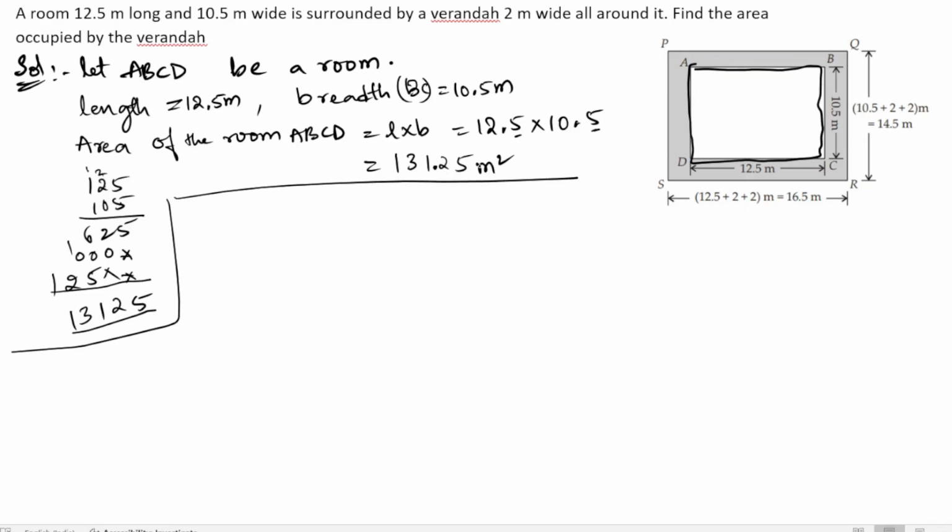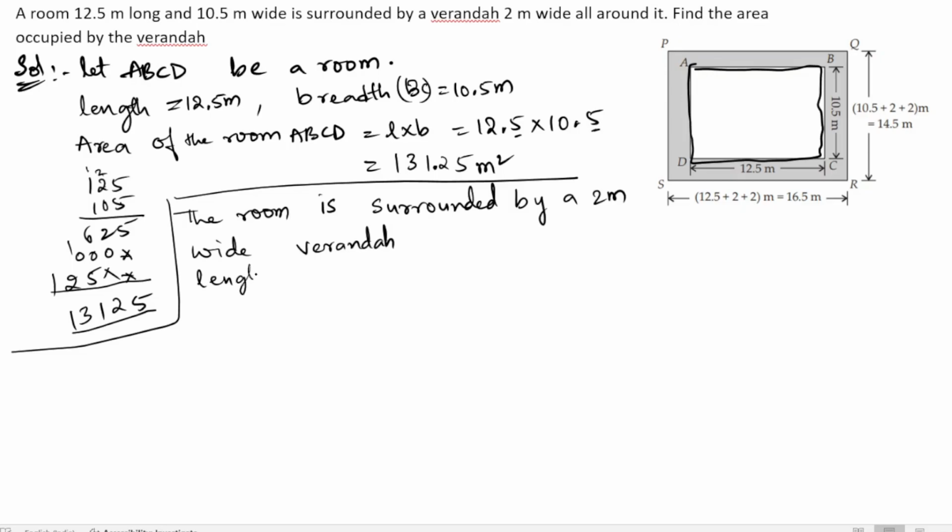Next, the room is surrounded by a 2 meter wide veranda. So let us write that down. The room is surrounded by a 2 meter wide veranda. So now the length will increase.